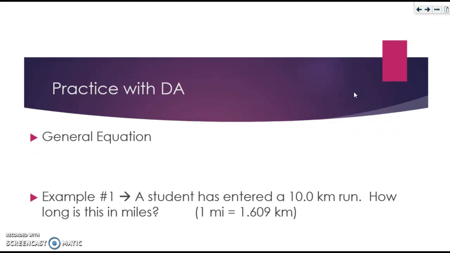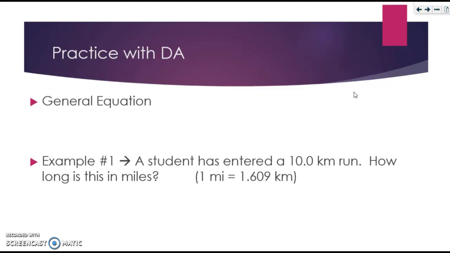Let's discuss dimensional analysis in a little more detail and try a practice problem. I like to give out general equations for things, and I will throughout the semester. Some people like them, some people don't. You'll kind of see after we do the example what it means. So it's going to be question mark, what you want or what you're looking for, equals your given value in the problem over 1.